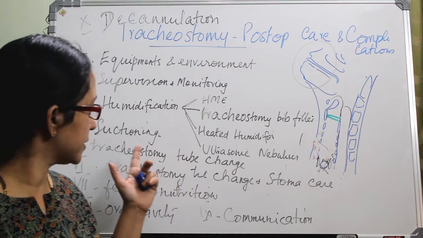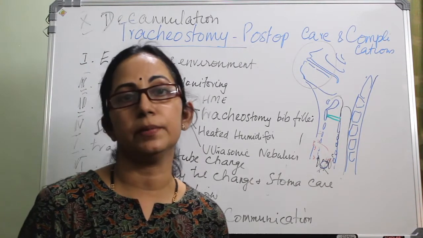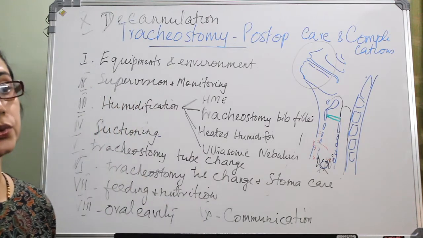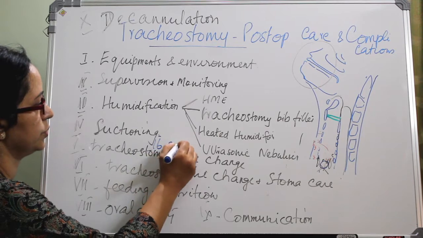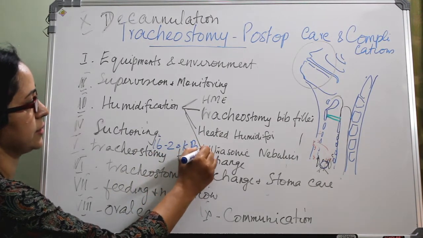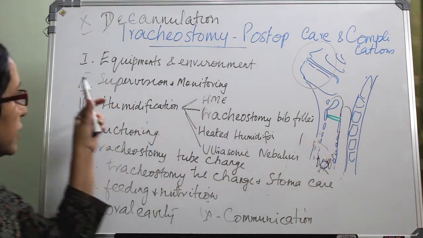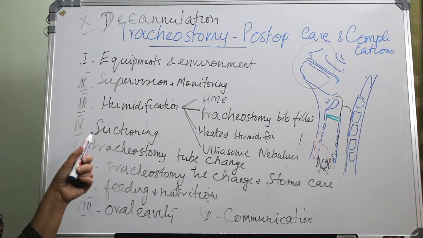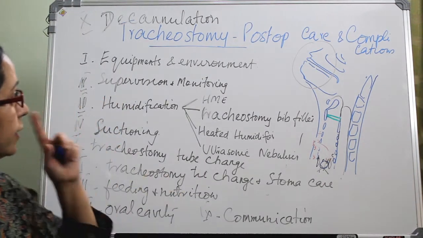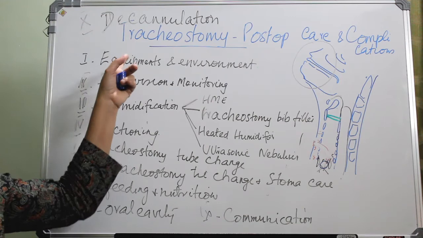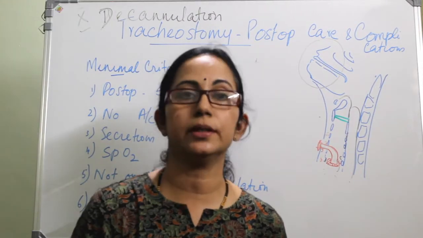And in suctioning, the ideal suction pressure is 80 to 120 millimeters of mercury or 16 to 20 kilopascals, right? Or 80 to 120 millimeters of mercury. All these 10 are post-operative care of tracheostomy. And of this, decannulation is the most important. Decannulation is removing the cannula, removing the tracheostomy tube.